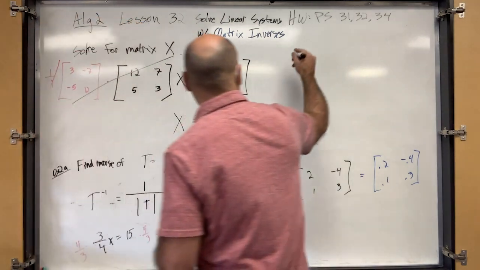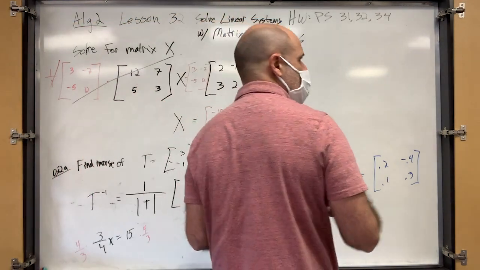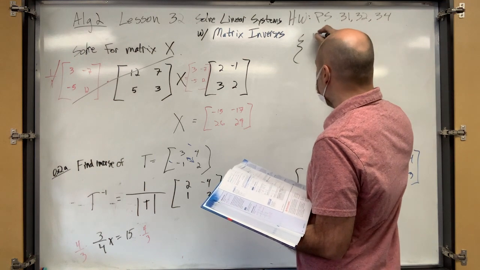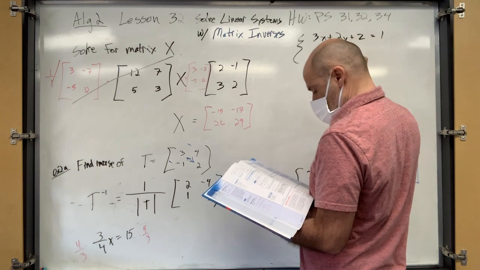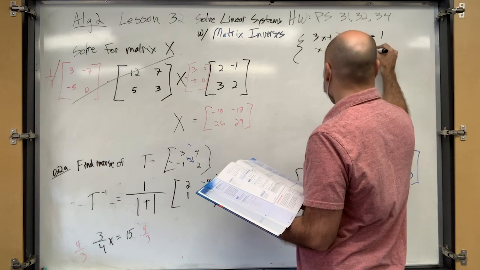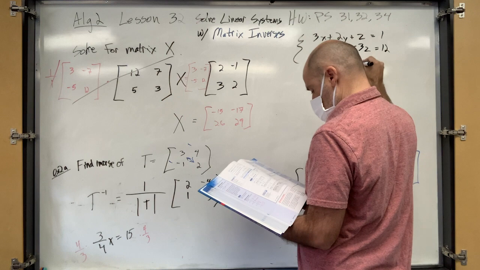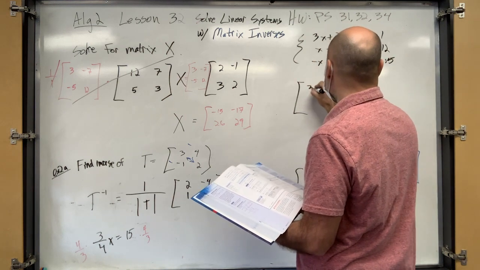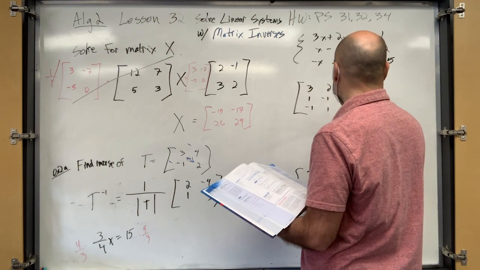So if you have a system like this, you can make a matrix. Your matrix looks like this: 3, 2, 1, 1, -1, -3, -1, 1, 4.